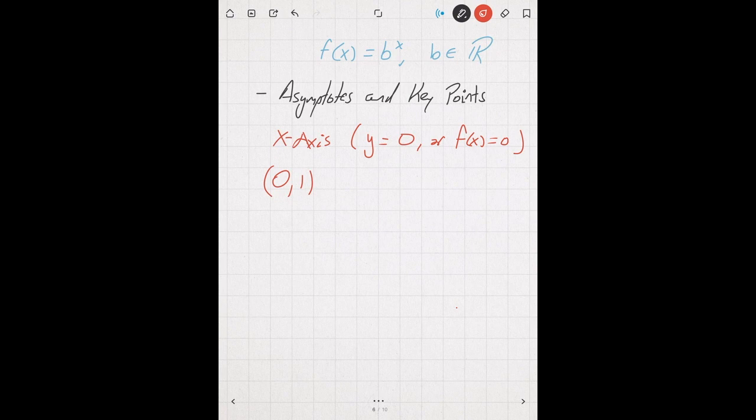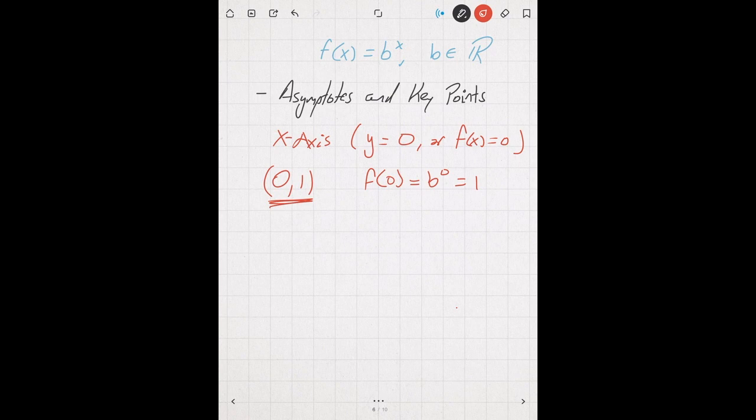And why is that? Why is this a key point? Well, let's plug it in and let's see what we get. Let's take f of 0. So I have b to the 0 power. What's any number to the 0 power? That's just 1. Oh, that should be fairly obvious to us. That should be obvious why this is a key point for any of those functions we were graphing.